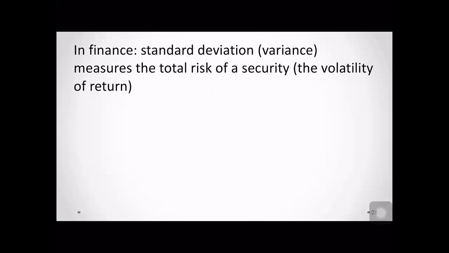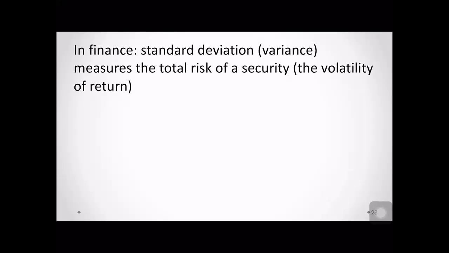In finance, the standard deviation or variance measures the total risk, or total ups and downs, of a security, because we know that the return of a security can be probably 20%, minus 10%, and on average maybe 5%.